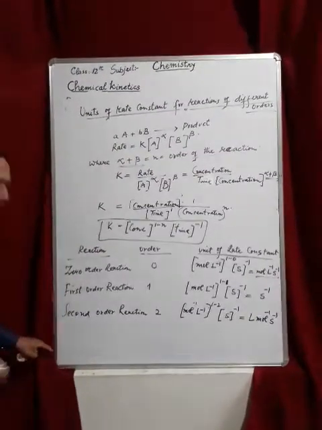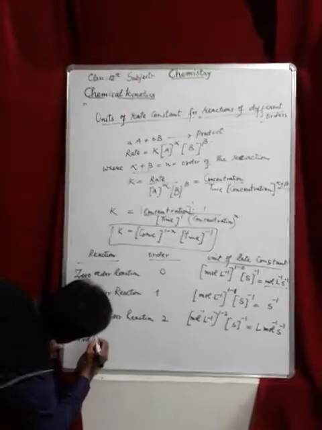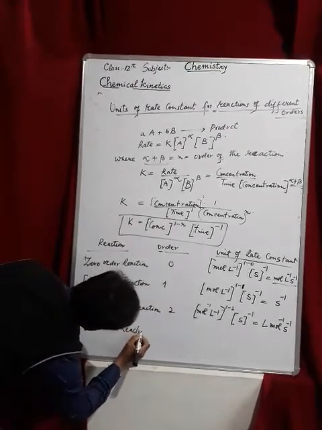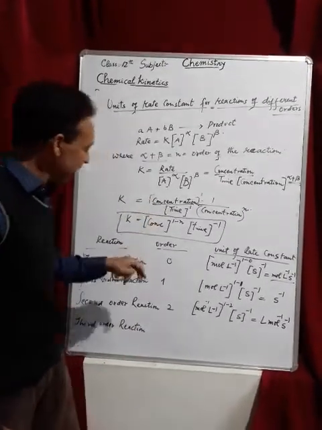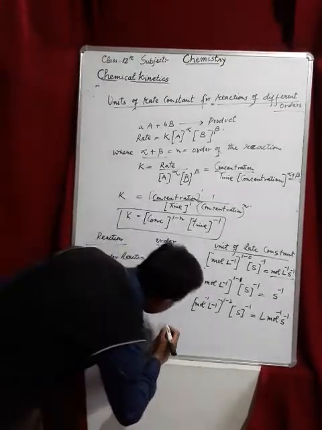And now last, that is third order reaction. So the unit for the rate constant of the third order reaction, the order of the reaction is 3.